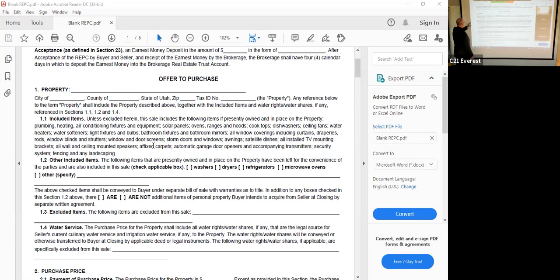So we've got this language here. It talks about included items unless excluded herein. It's talking about plumbing, heating, air conditioning, fixtures, and equipment. Very important: solar panels. That's a nice new addition that we added.